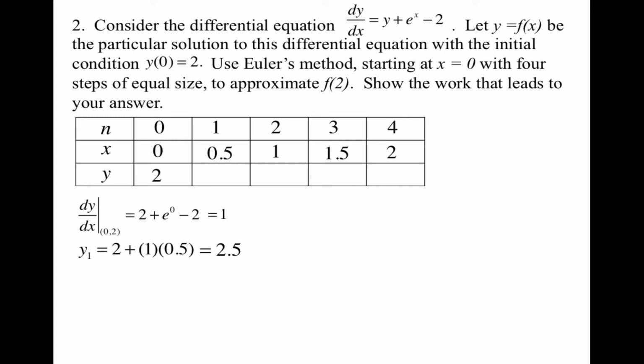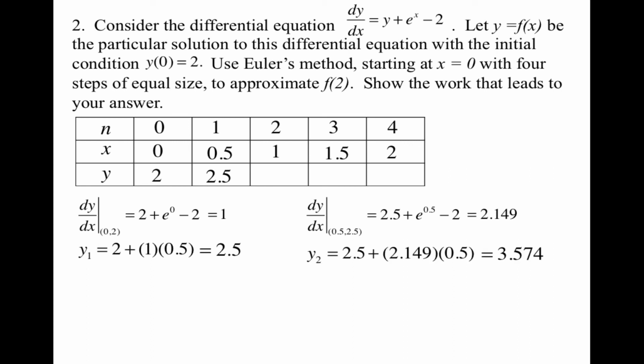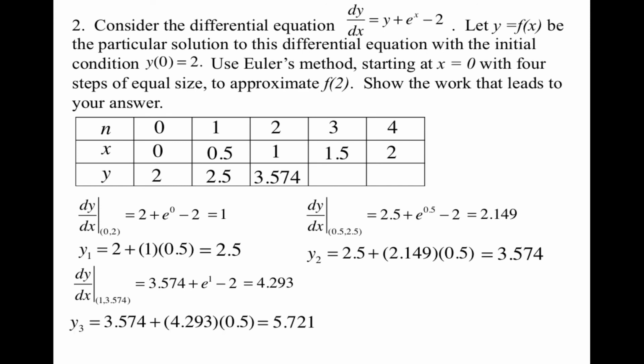Find the y value, which is 2.5. Then do it again at this new point, (0.5, 2.5), and I get a slope of 2.149. Find the next y value, which is 3.574. Find the next slope using this new point, and I get a slope of 4.293. Find the next y value, gives me 5.721.